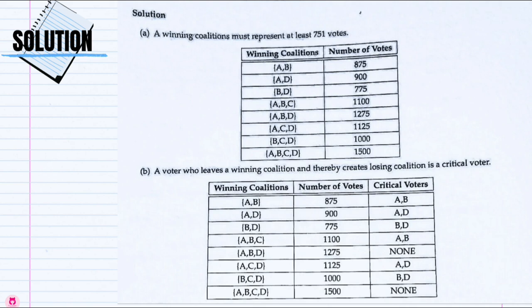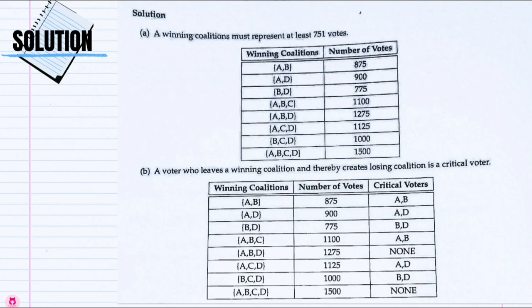So A and B are both critical voters. In AD, if we remove A, that will only leave us 400 in total, and if we remove D, we'll only have 500. So they are both critical. The same goes for BD, ABC, ACD, and BCD.